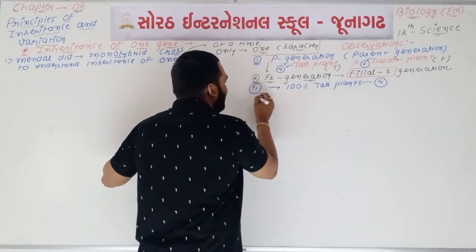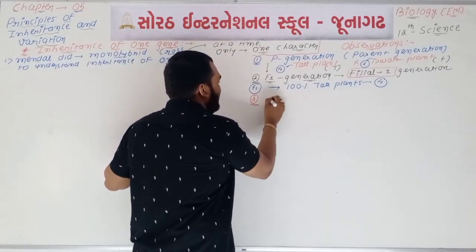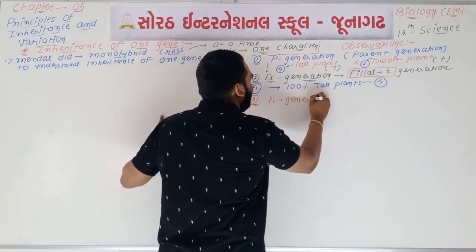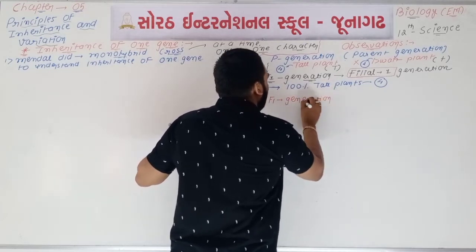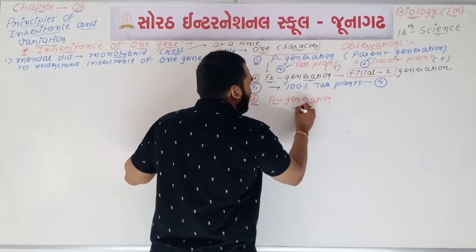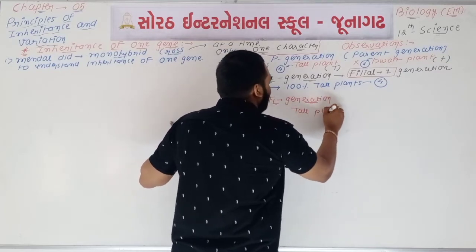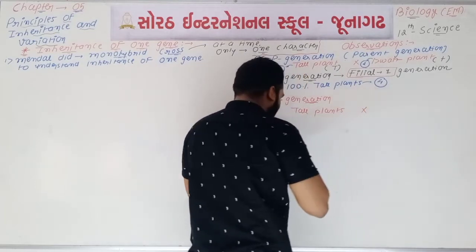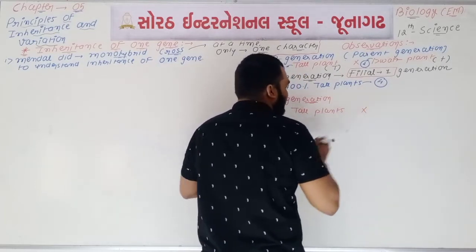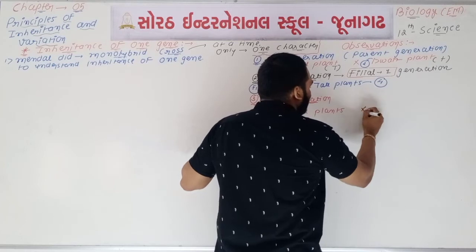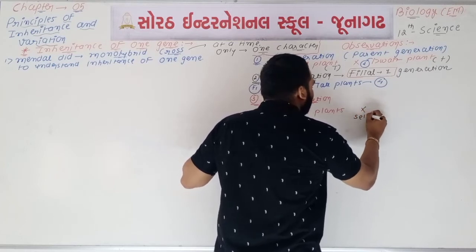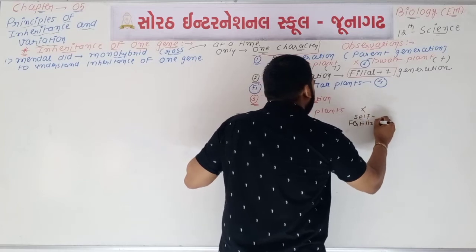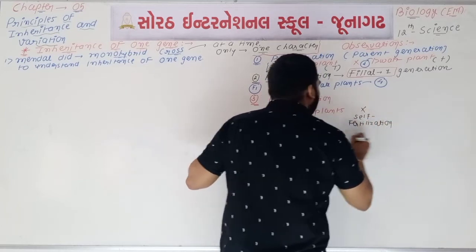Now Mendel did what? In F1 generation Mendel got 100% tall plants. Mendel did self cross, meaning Mendel did self fertilization.